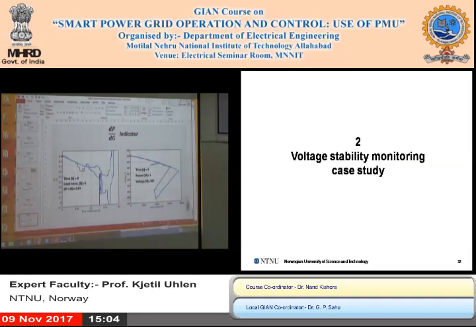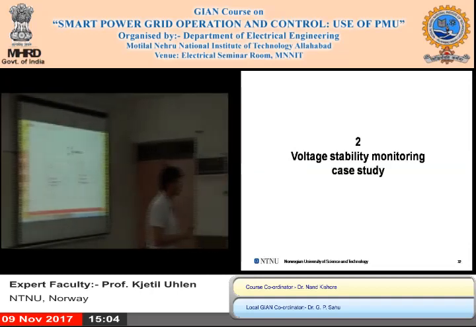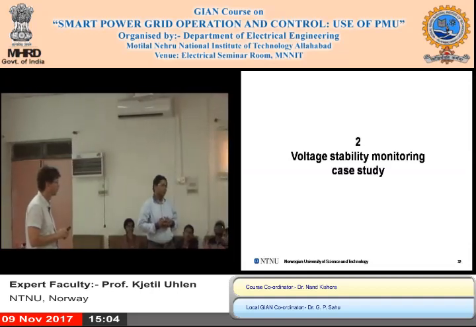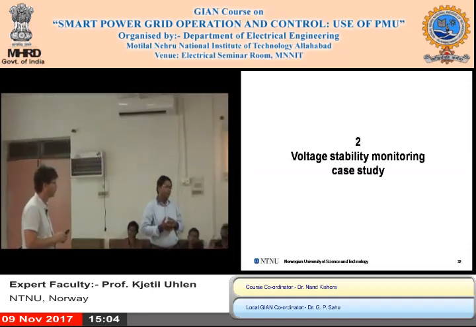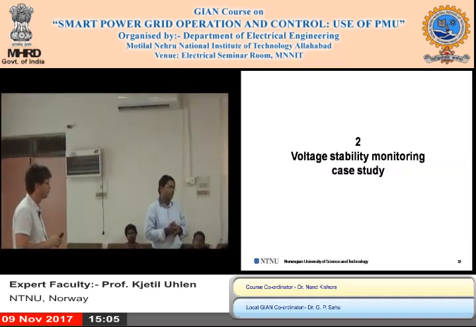Mainly he discussed some of the research algorithms dedicated to voltage instability, because PMU has one of its potential applications to monitor voltage instability as well.